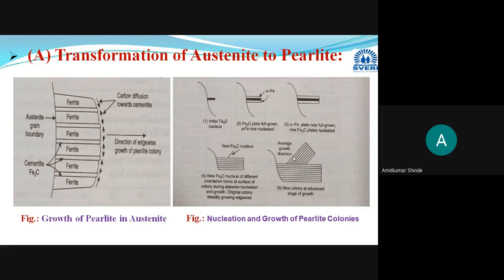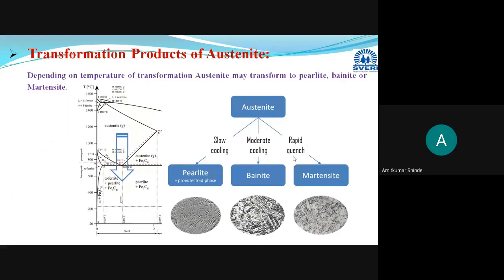Before this, I will give you one minute. Please draw this chart. Show the austenite, then the different cooling rates, and show these three transformation products of austenite. Please draw it and put in the chat box that you have completed it. Just half a minute or one minute will be required. Complete it and put that in the chat box, then I will start the next point.